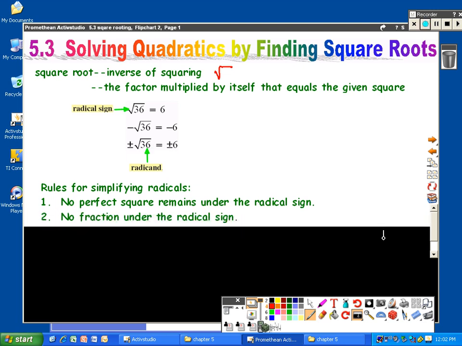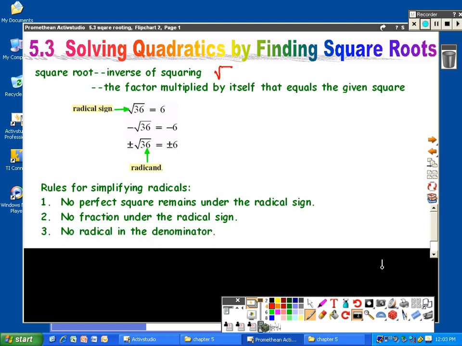Second, we can have no fraction under the radical sign. We must simplify that out. And the third no, we can have no radical in the denominator. Radicals can only remain in the numerator.